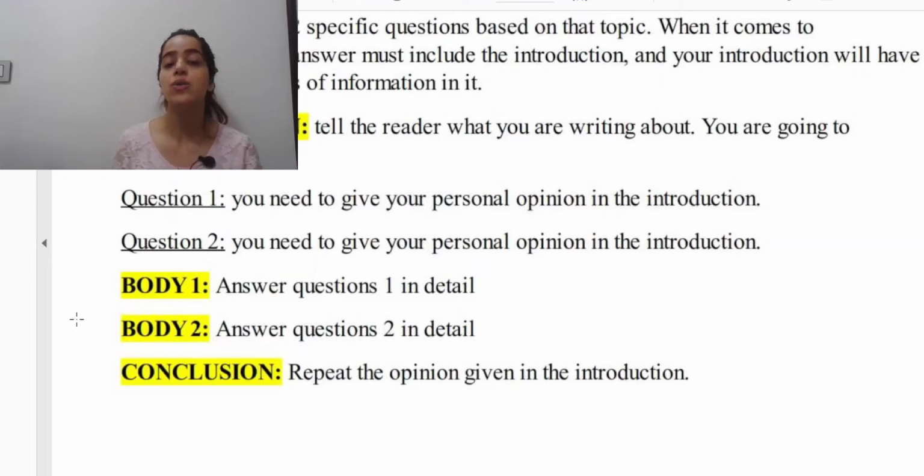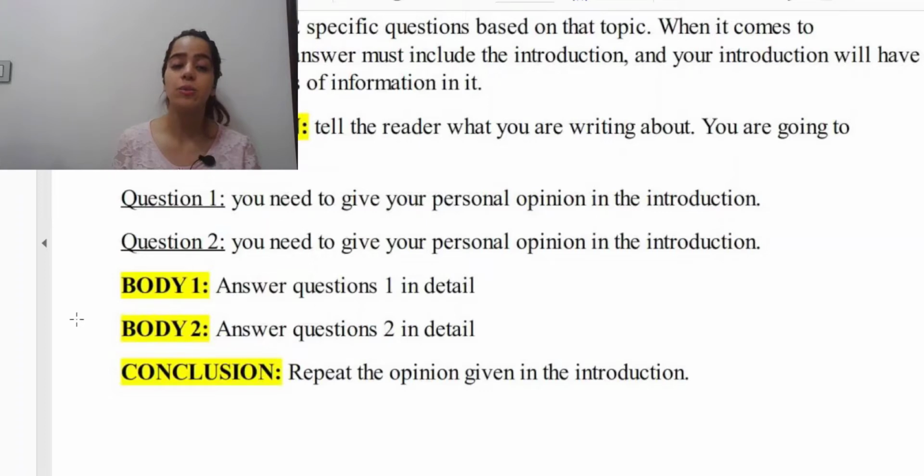We are given two questions and we allocate one body paragraph to each of them. The first body paragraph will discuss the first question in detail, and the second body paragraph will be specified for the second question. And of course, we need a conclusion.